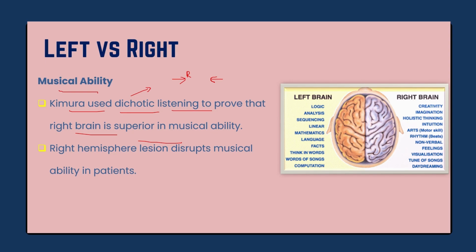And then the patient is asked specific questions about each of those, which the person has to respond to. Alright, so that is the dichotic listening test. And Kimura used dichotic listening to prove that right brain is superior in musical ability. Right hemisphere lesion disrupts musical abilities in patients.